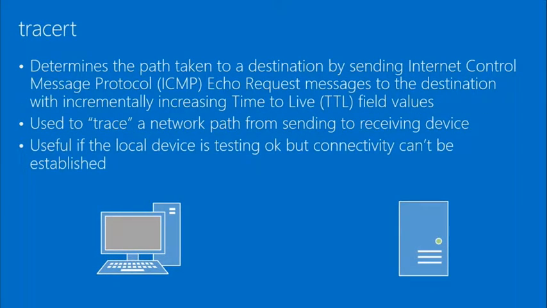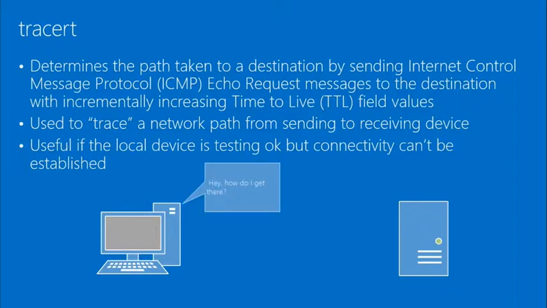Traceroute. Traceroute allows the ability to determine a path taken to a destination by sending an ICMP echo request message to the destination and then incrementally increasing time to live field values. Time to live is basically hops in the packet. So it's used to trace a network path, and it's useful if the local device is testing okay, but you're not sure the route is correct.